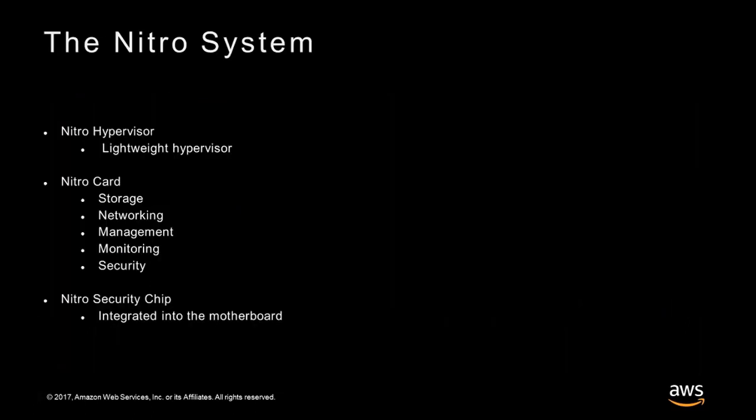So just to summarize, the Nitro system consists of the new Nitro hypervisor, which is a lightweight hypervisor that really just performs the role of the virtual machine monitor. It consists of a series of Nitro cards, which handles storage, networking, management, monitoring, and security. And then the Nitro Security chip, which is integrated into the motherboard and provides physical protection for the system from the very start of execution on the underlying hardware.